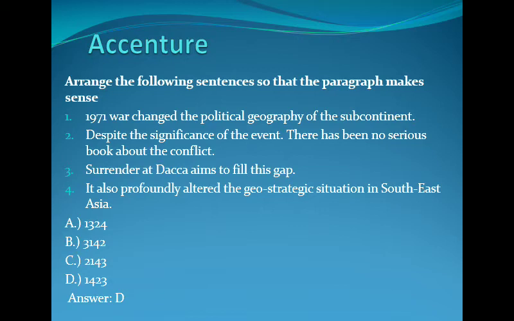And there's supposed to be a comma after the event. And then the final sentence, surrender at Dhaka, aims to fill this gap. So this is how you go about solving para-jumble questions. Go for a generalized statement at the beginning and look for continuation in terms of pronouns or other keywords that can relate to the previous sentence. That's how you put these sentences in order. Let's go on to the next slide.